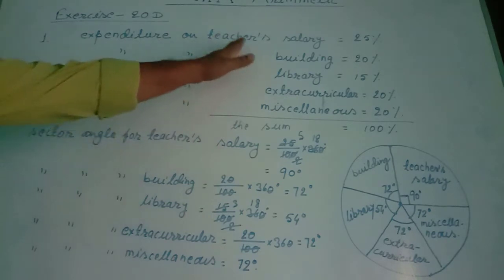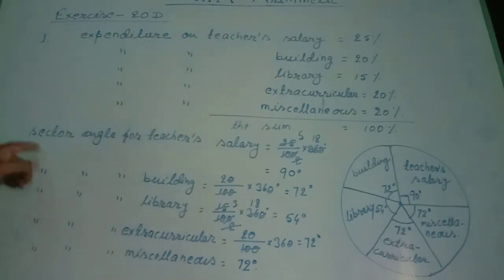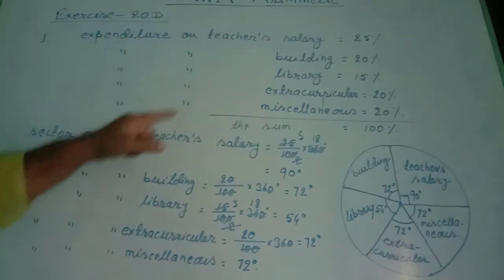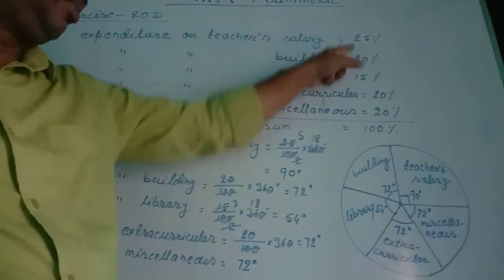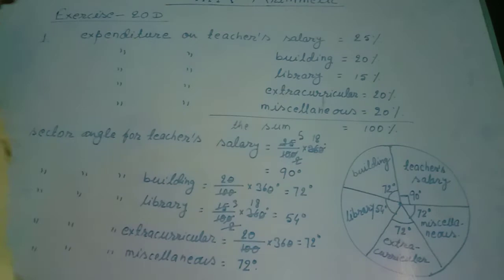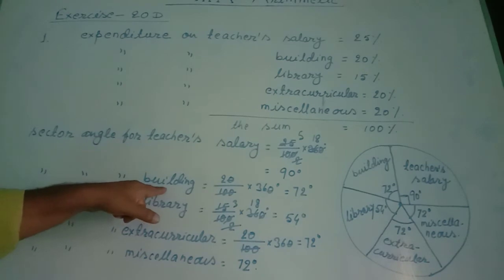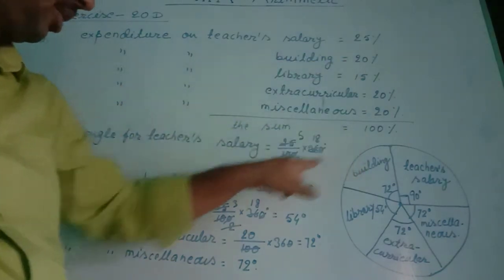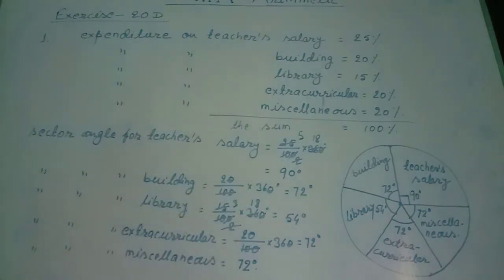Now for each expenditure, we will calculate the sector angle. The first is the sector angle for the teacher's salary: 25 by 100 into 360. Calculation became 90 degrees. Second is sector angle for expenditure on building equal to 20 by 100 into 360 degrees.